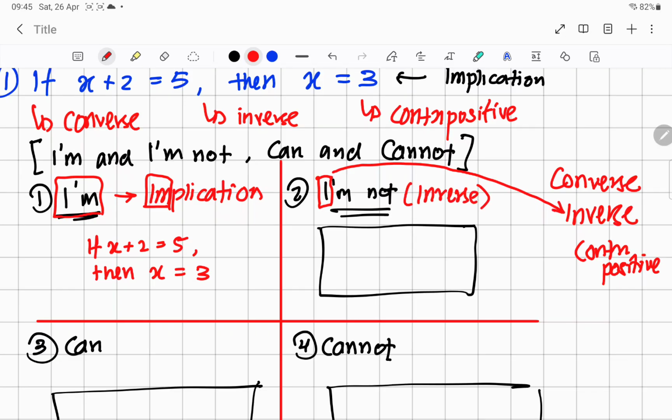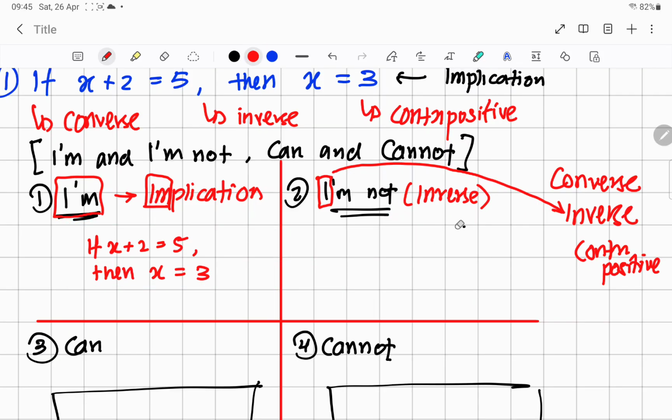How do you make the inverse? I am not means that you need to put not into the implication. So you negate the statement and you will have the inverse.